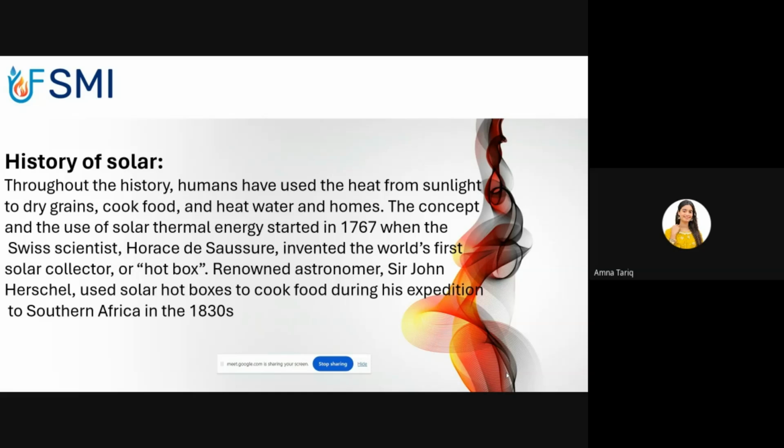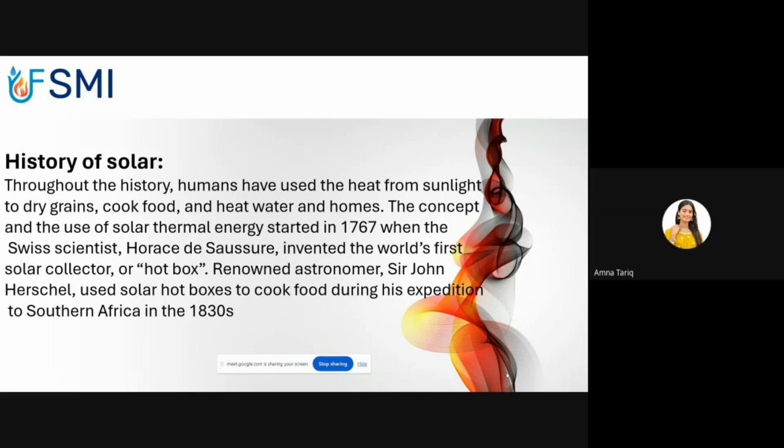Renowned astronomer Sir John Herschel used solar hot boxes to cook food during his expedition to Southern Africa in the 1830s. Today, solar collectors can gather solar thermal energy in almost any climate to provide a reliable, low-cost source of energy for many applications, including heating water for homes and residential heating systems.